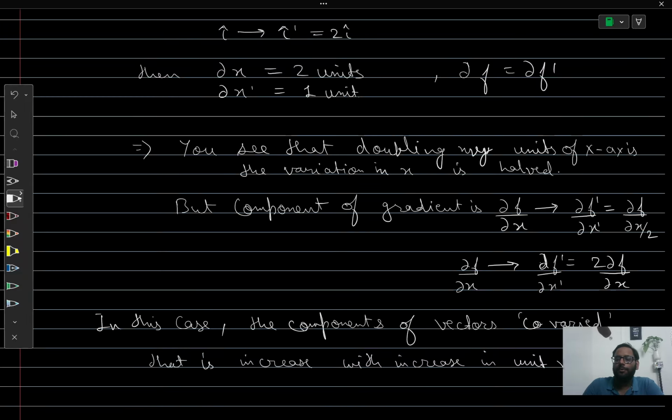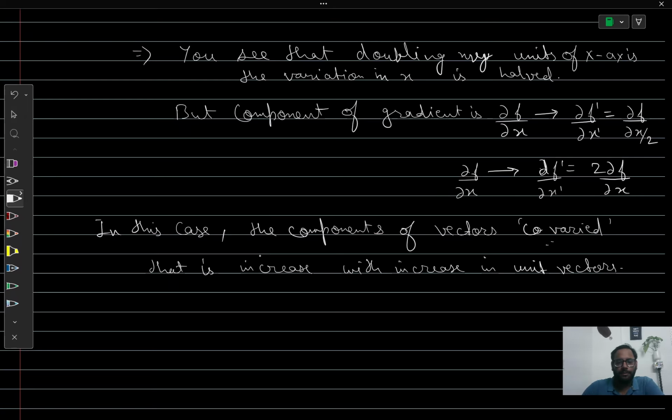Okay, so they co-vary. That's why such vectors are called covariant vectors.